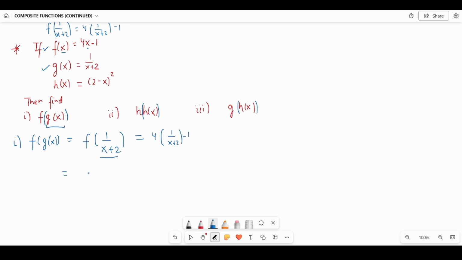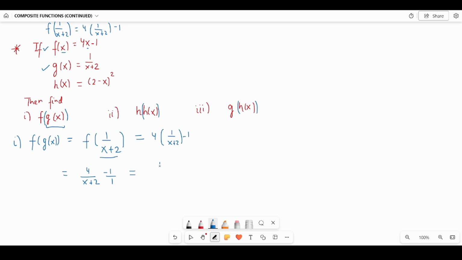Now let's solve this further. So we will get 4 divided by x plus 2 minus 1. Now what we need to do next is make the denominator same, because you can see we can write this as minus 1 over 1. Now here the LCM of x plus 2 and 1 is x plus 2.